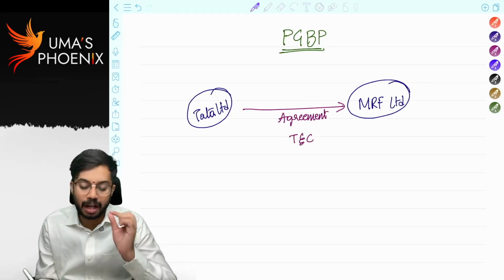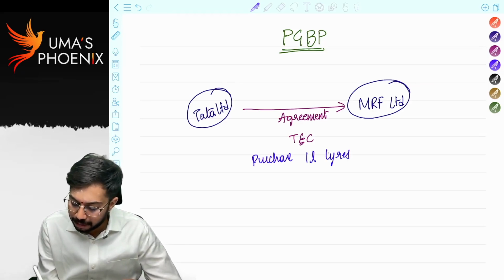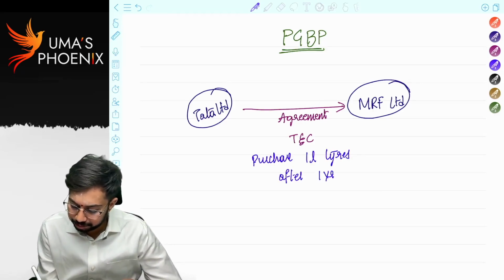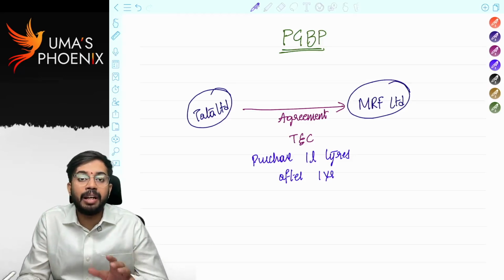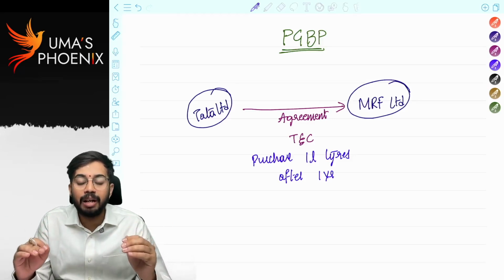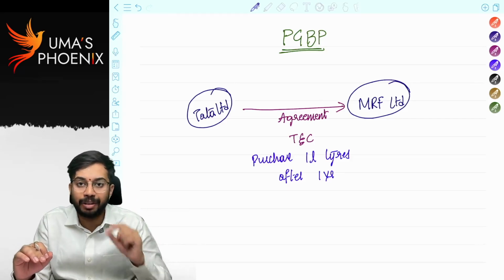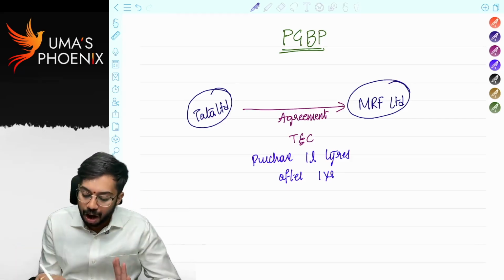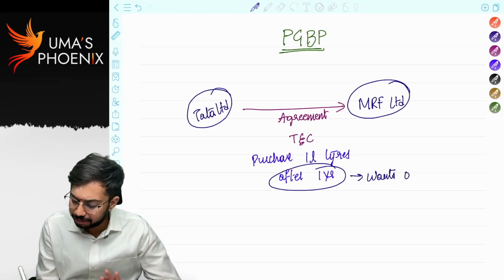Tata Limited will purchase 1 lakh tires from MRF Limited after 1 year. After 1 year, Tata Limited is not in requirement of 1 lakh tires, because for Tata Limited, production got reduced. When production reduces, tire requirement also reduces. So Tata Limited after 1 year wants only 20,000 tires.